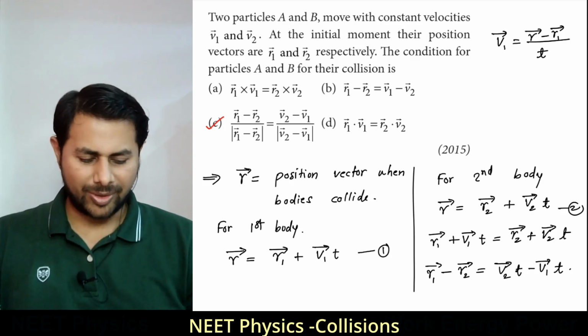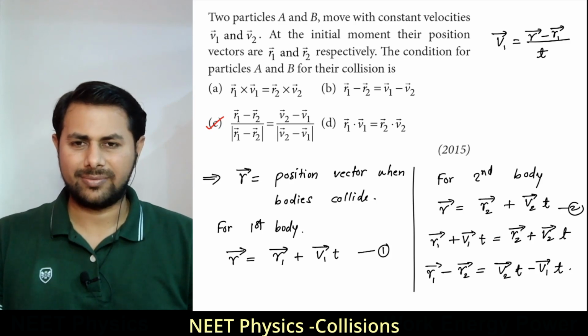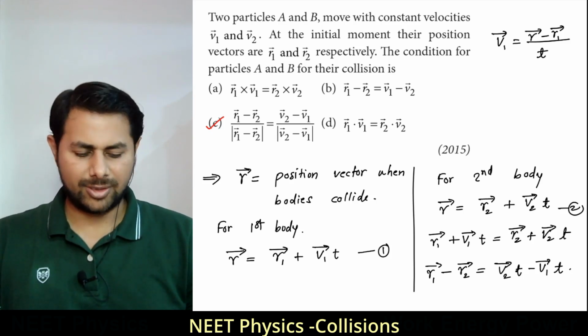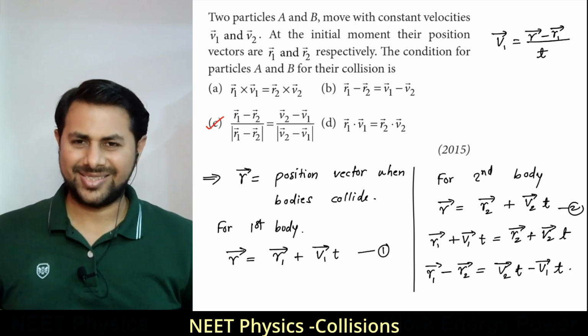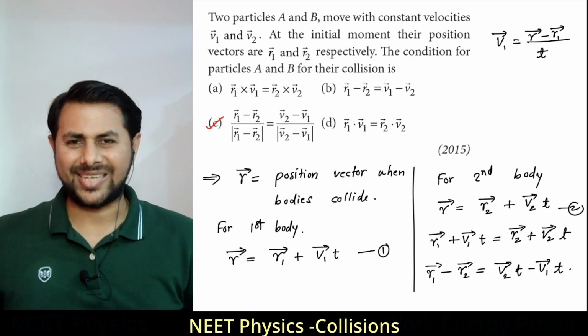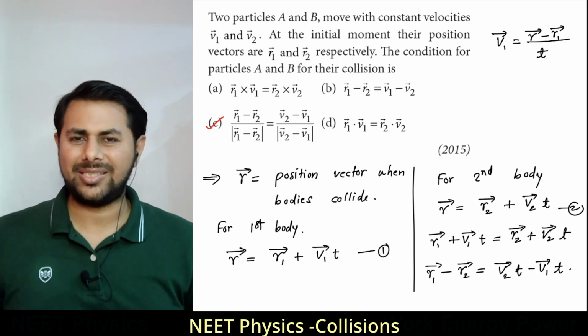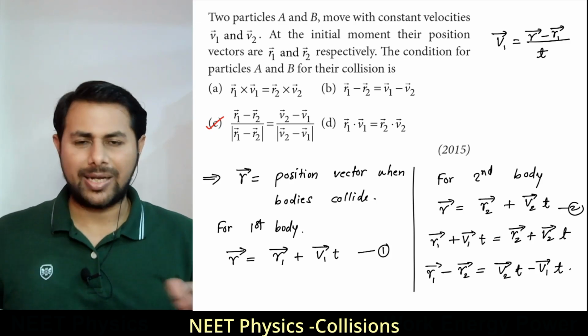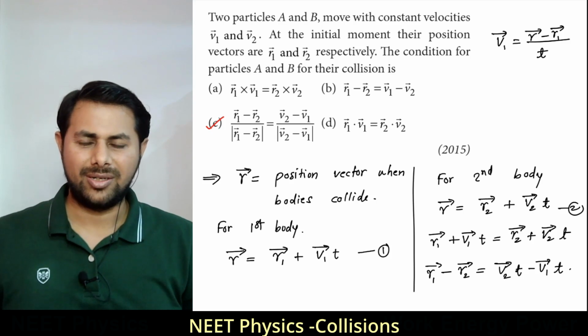Problems based on collision can only be solved if you have sufficient practice. There are great chances that questions are repeated. Repeated means values will be changed, and for inelastic collision they will ask you to find the loss in kinetic energy, so that is a kind of repeated question.